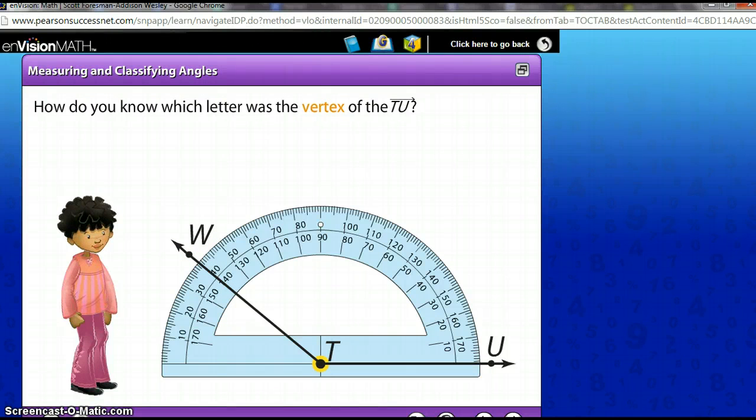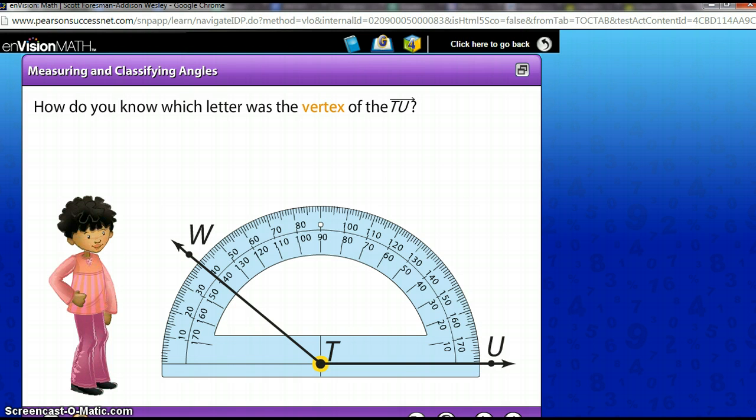How do you know which letter was the vertex of the ray TU? Okay. That's a good review question. How do we know which letter was the vertex? Corinne? Because they're both endpoints, like U and W are connected to T. Well, if it's ray TU, we know the first letter is always going to be your endpoint letter.